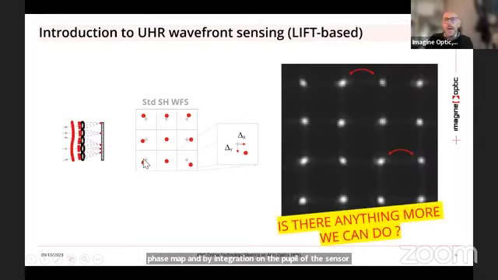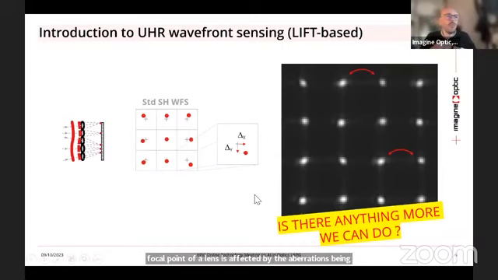Some years ago, it was proposed to do a little bit more with this raw signal by not only analyzing the lateral position of each centroid, but also analyzing the intensity distribution of the centroids. Because as we know, the focal point of a lens is affected by the aberrations the beam carries.